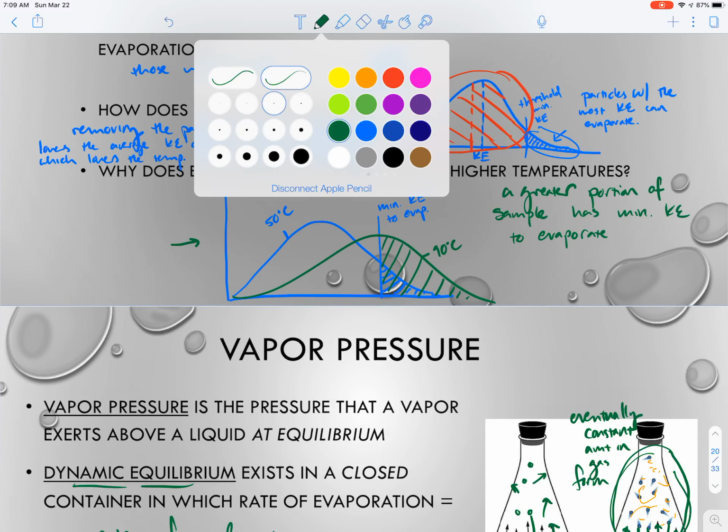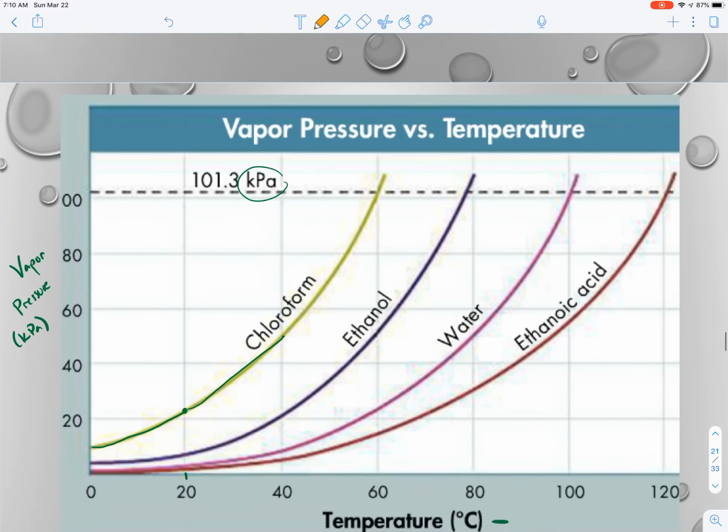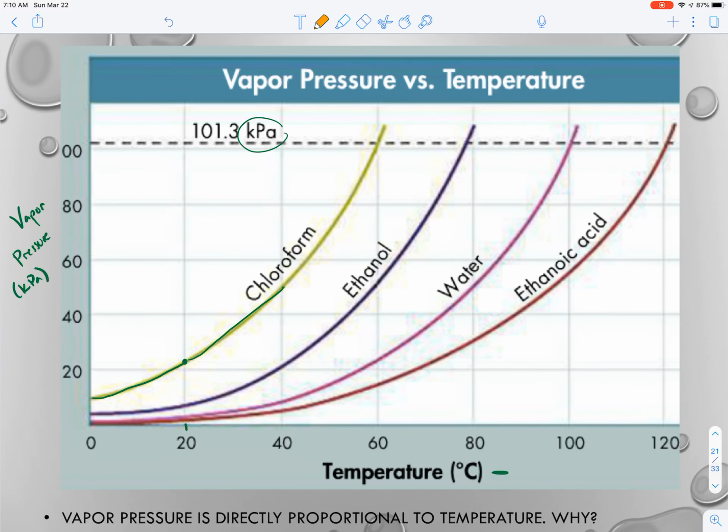Okay, so this is why as you get higher temperatures, a greater portion of the total has the minimum KE to evaporate, and therefore the vapor pressure increases. Okay, so we can see there's a couple things we need to note about this graph. One is as temp increases for any liquid, like we can see that trend is true for all of these, vapor pressure increases. Okay.